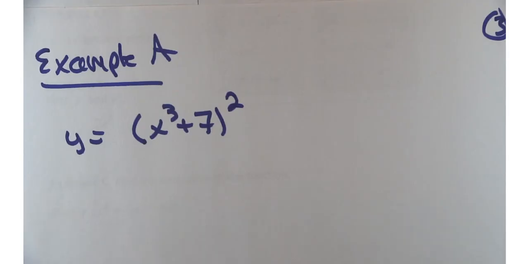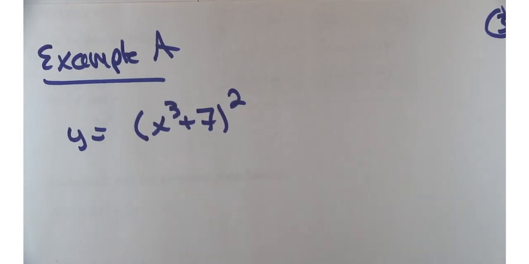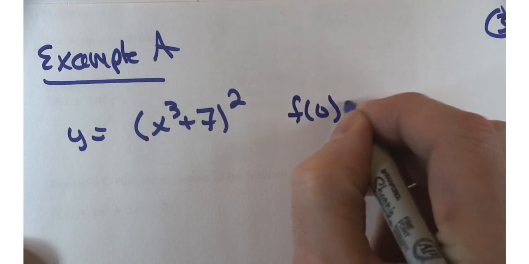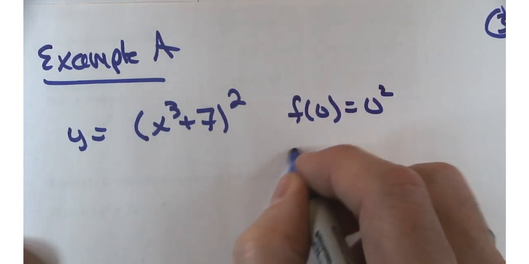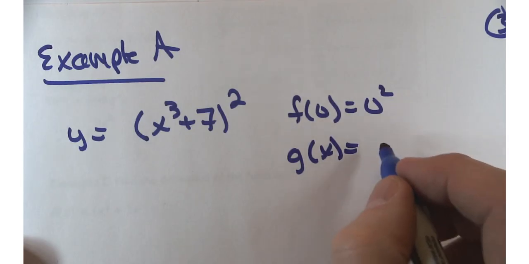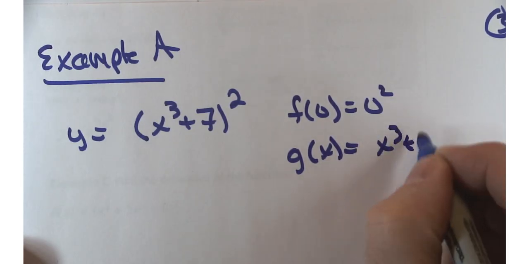Let's see if we can't write this in terms of an outside function and an inside function. So our outside function, what's the outside function we see when we first look at this? Yeah, something squared. So f of u is going to be u squared. And the inside function? Yeah, x to the third plus 7.